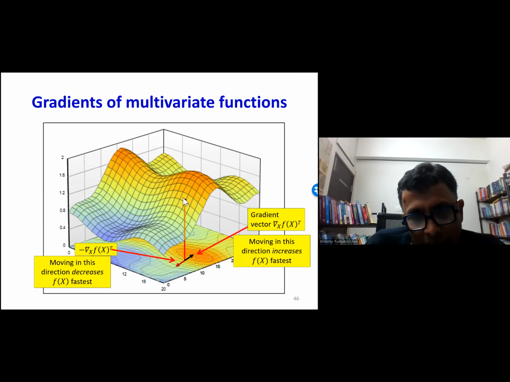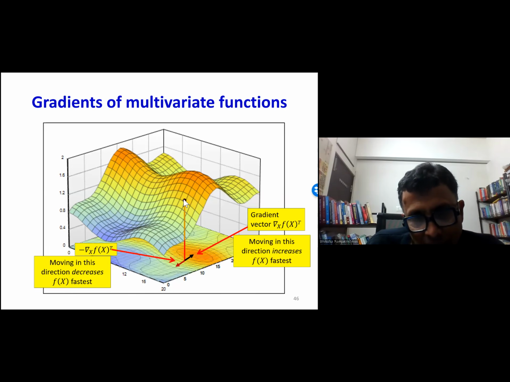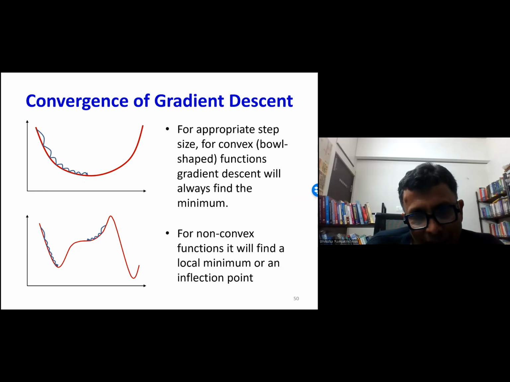So look over here. If I move in this direction, I'm going up, right? Correct. So if I move exactly opposite to it, what will I be doing? Oh, I see. Okay, makes sense. Make sense? Yeah, okay.